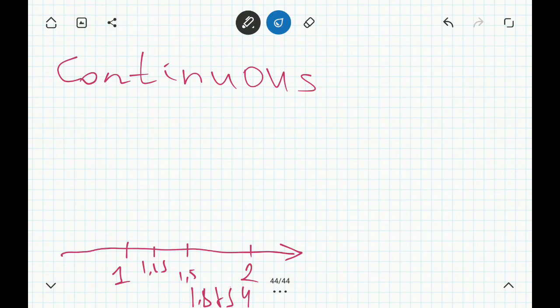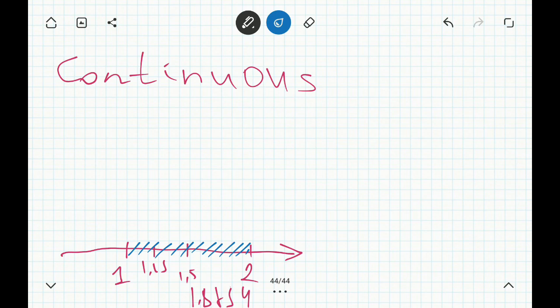So even if I used the dots, those dots would connect and fill the whole interval between 1 and 2 p.m. So let me just do it by shading that area. So that's all the possible outcomes for the random time of your coming to campus. All the points in between, all the numbers which are greater than or equal to 1 and less than or equal to 2. All of them are eligible.